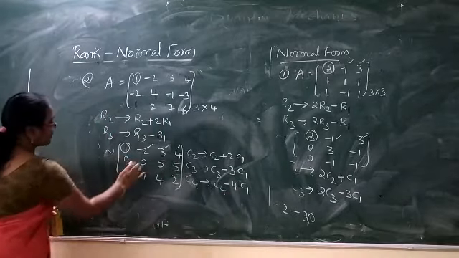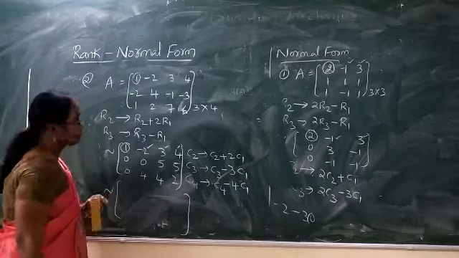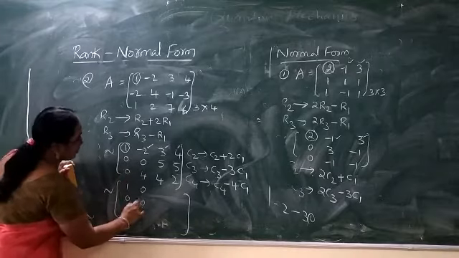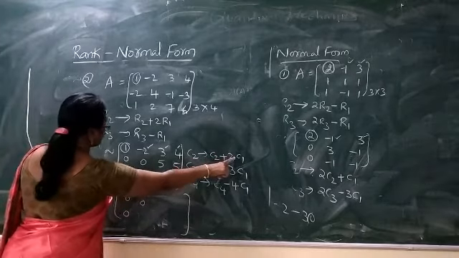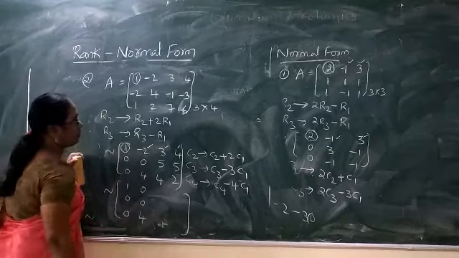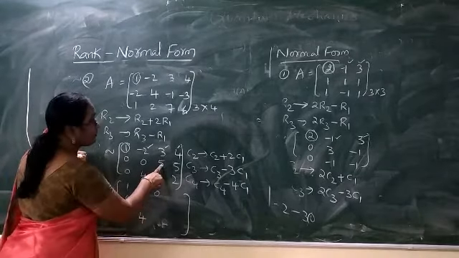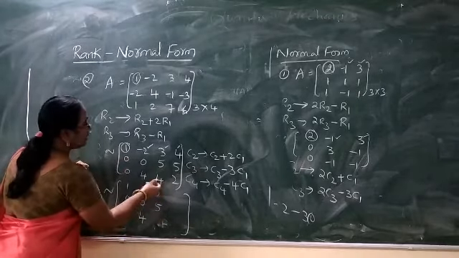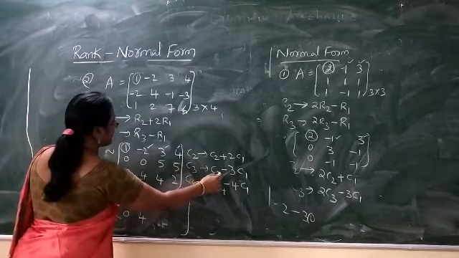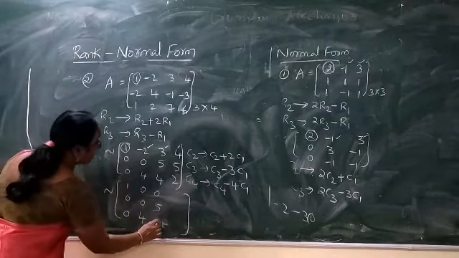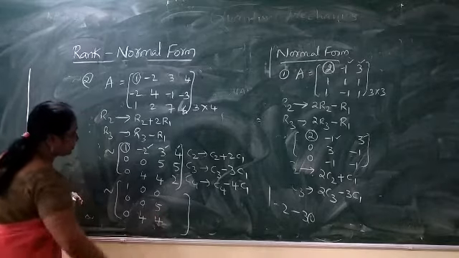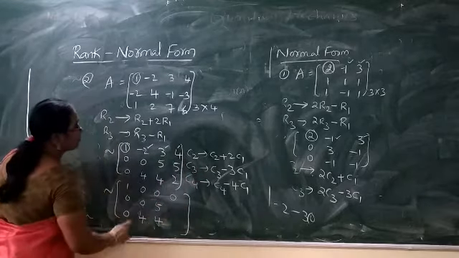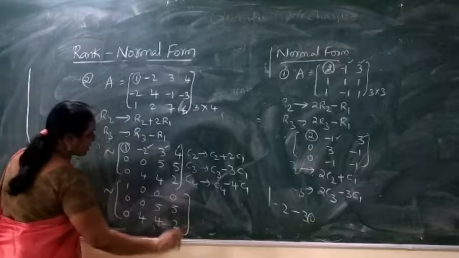Using these 3 column operations, we get the matrix equivalent to first column 1, 0, 0 and second column 0, 4, 4 and 0 in the first row. C3 becomes 0, 5, 4 and C4 becomes 0, 5, 2.